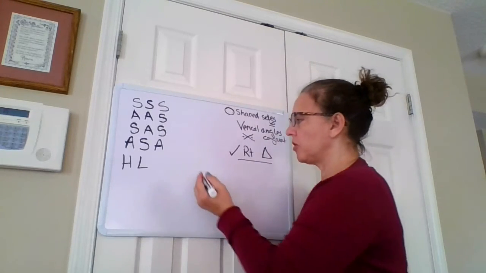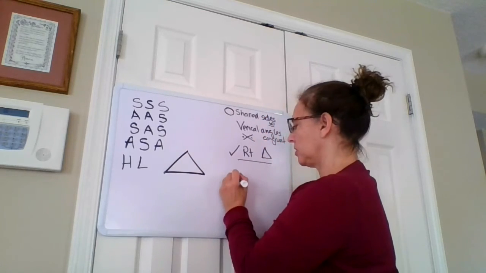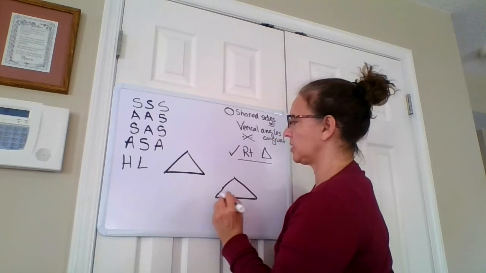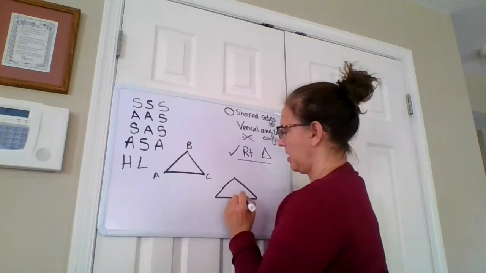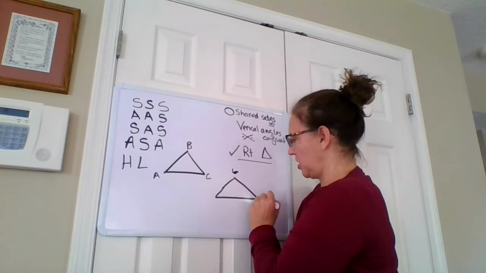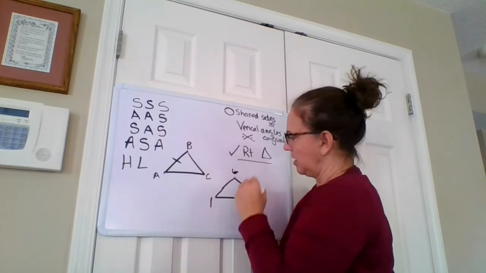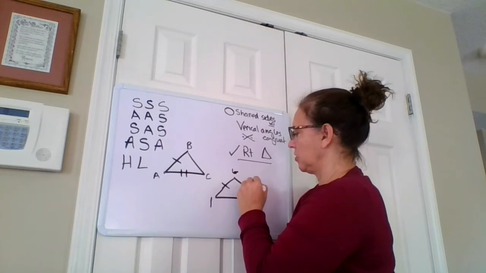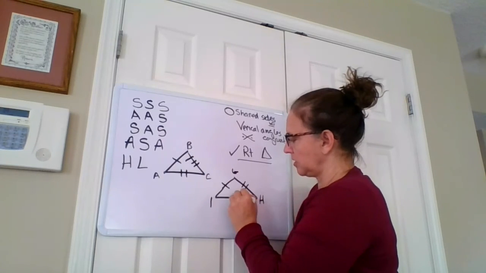And then when we label triangles, remember that order matters. If I'm going to give you these 2 triangles and I'm going to say A, B, C, and this will be G, H, I, and I'm going to say this is congruent to this, this is congruent to this, and this is congruent to this.